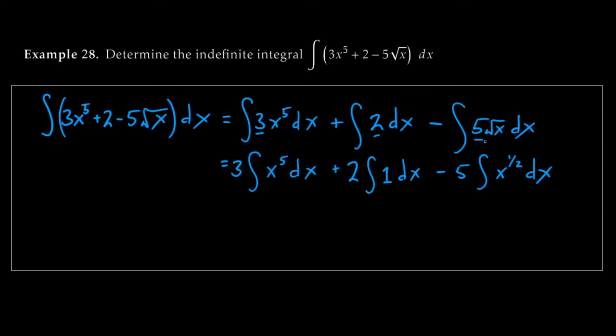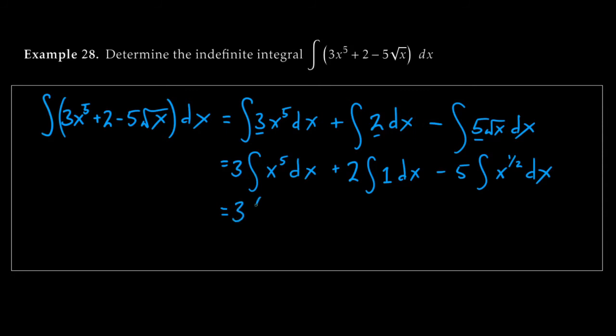This is pretty much identical to why we would do this when using the power rule when we first started taking derivatives. All right, cool. So now we can use the power rule for integrals. What derives to x to the fifth? Maybe 1/6 x to the sixth.